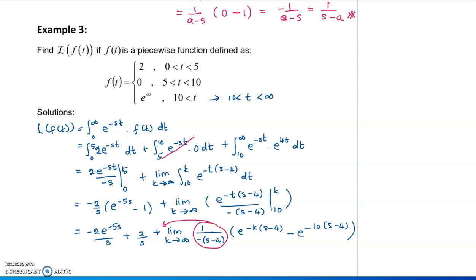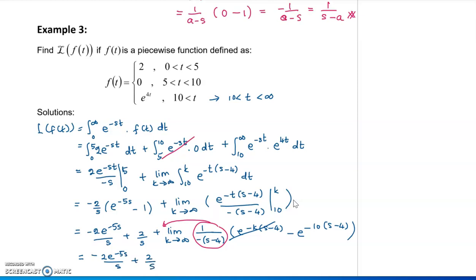With that, we can see when k here is infinity, then we have e^(negative infinity), which is 0. So basically, this part is 0, right? So at the end, our final answer should be negative 2 e^(-5s) over s plus 2 over s.